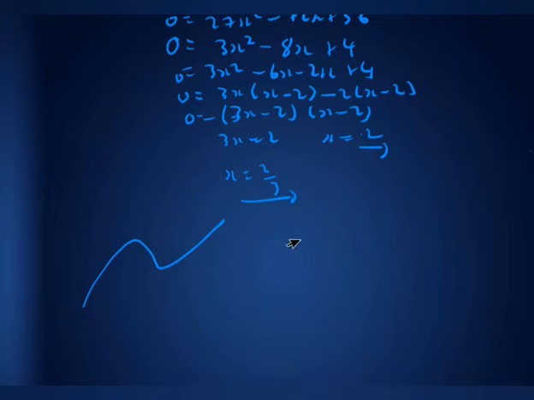So notice this x value in the horizontal, this x value will come first. 2 over 3 will come first before 2, because 2 over 3 is smaller than 1, right? So it means 2 over 3 will belong to the maximum turning point, and 2 will belong to the minimum, right? So notice there's the local maximum and local minimum.